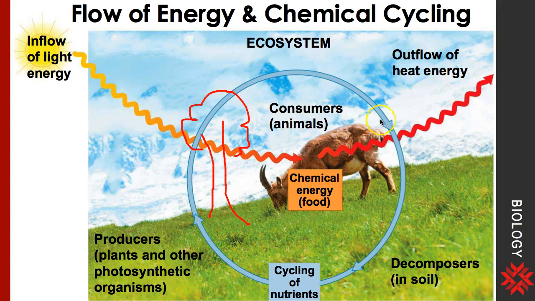Okay, let's look at the matter, the rest of the kind of ingredients within the sugars. Well, we said that this is a cycle, so we can start anywhere, but we'll just start with the nutrients or these chemical components being within the soil. And this varies from one nutrient cycle to another, but we'll start with the nutrients in the soil, and the producers are able to absorb those nutrients through their roots. They then build those nutrients into their own bodies for the grass to be able to grow or for the trees to be able to grow.